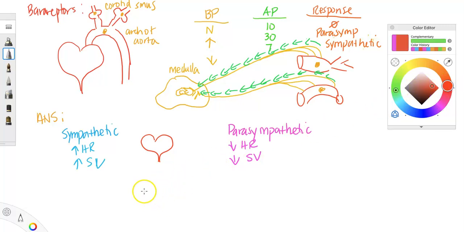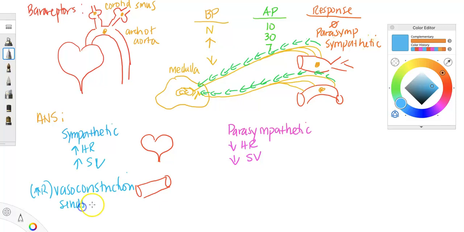Vessel-wise, if we look at the vessels, what can the sympathetics do? Well, the sympathetics innervate the vessels anyway. So the sympathetic system is going to stimulate vasoconstriction by sending more action potentials. That's increasing resistance. So it sends more action potentials to the vessels, making them constrict.